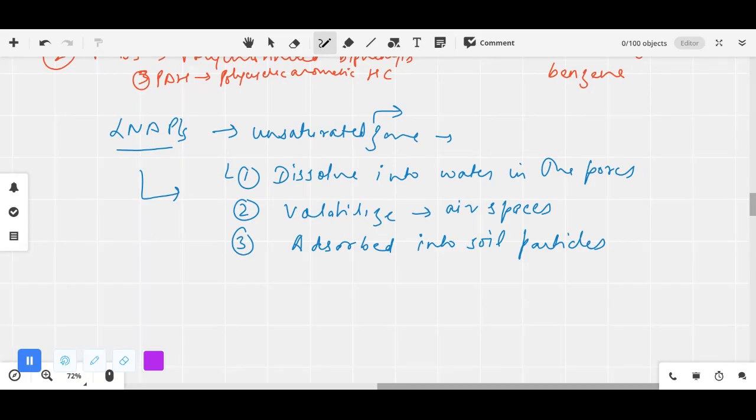But if I talk about the saturated zone, what happens in the saturated zone when a particular contaminant enters? It is going to be saturated with water, all right? So, while entering the saturated zone, these LNAPLs are not going to dissolve well and instead they spread out.